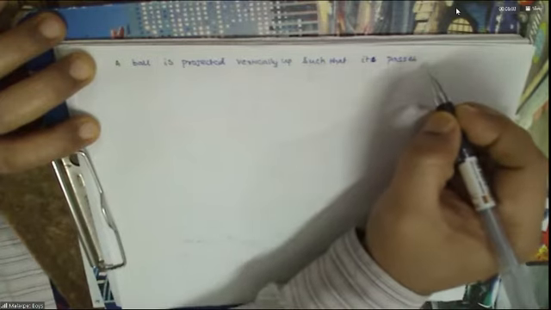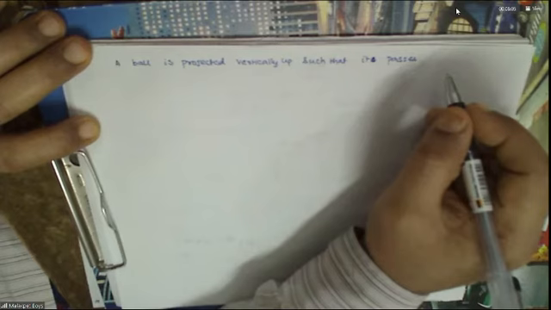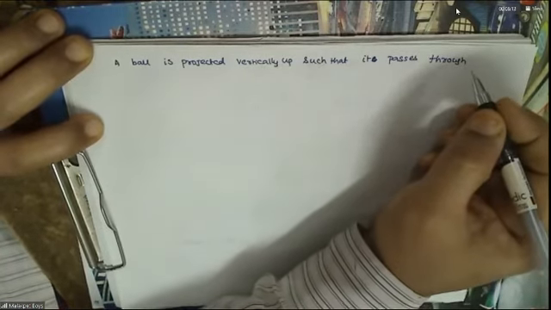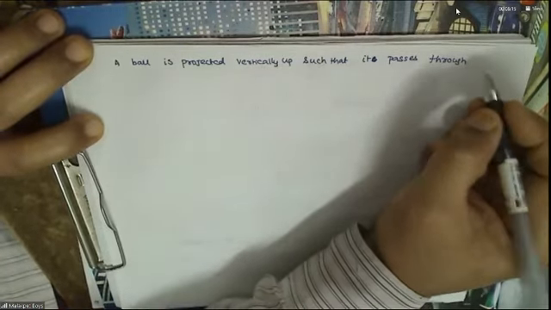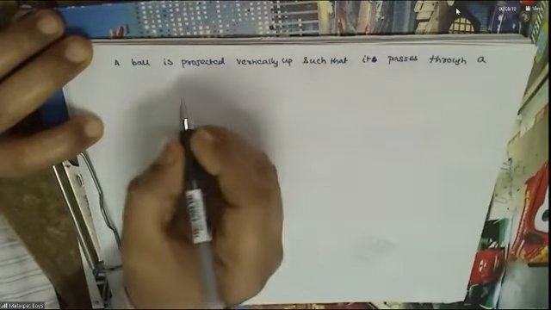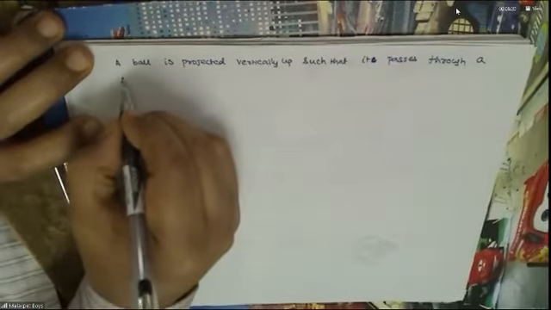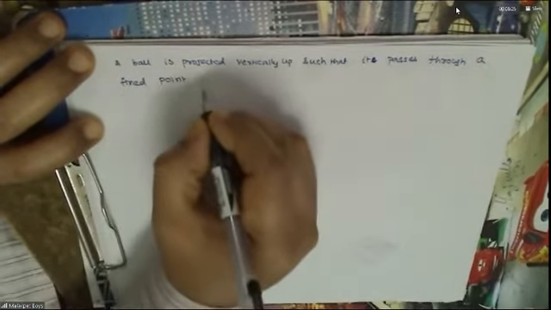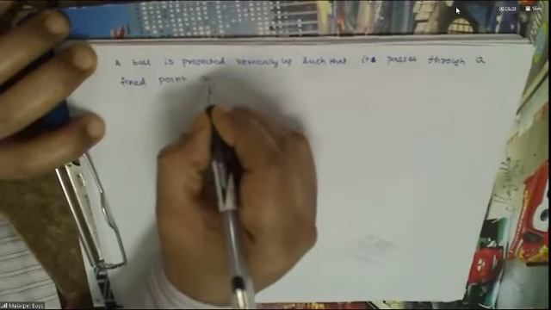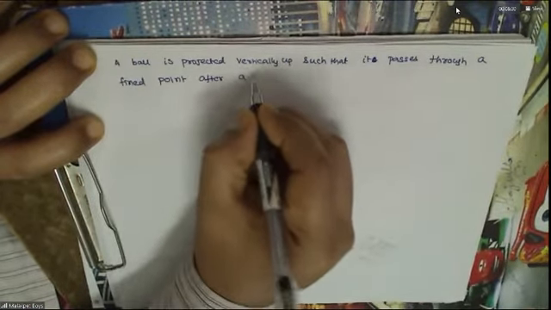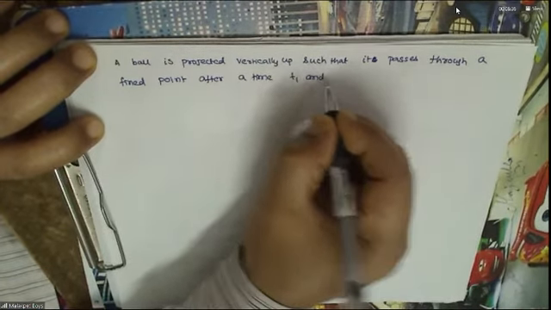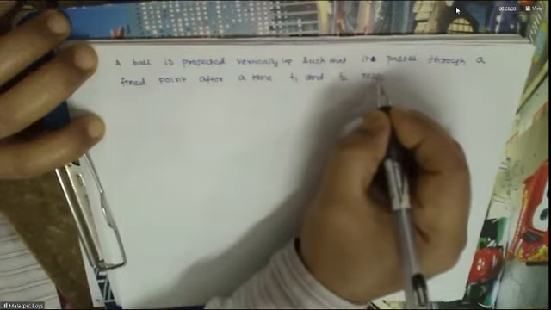A ball is projected vertically up such that it passes through a fixed point after a time t1 and t2 respectively.